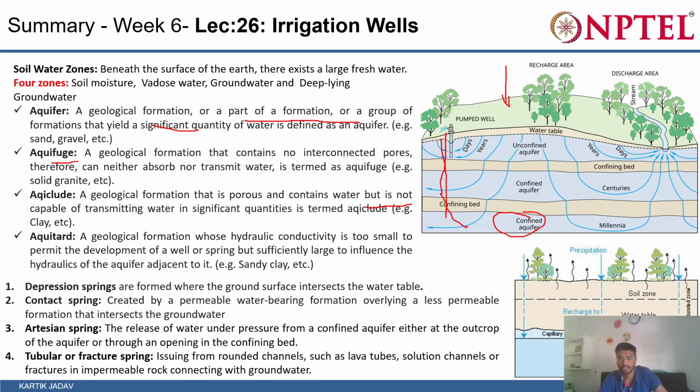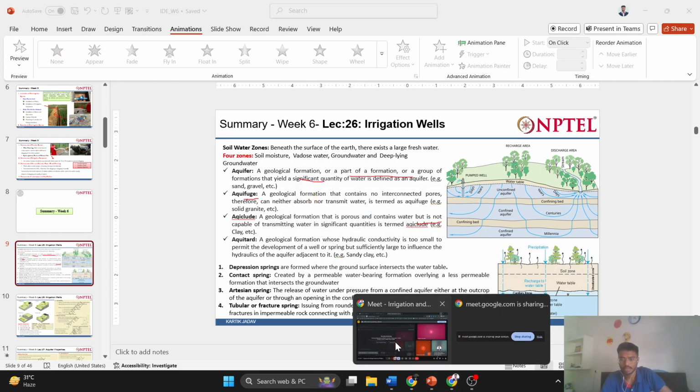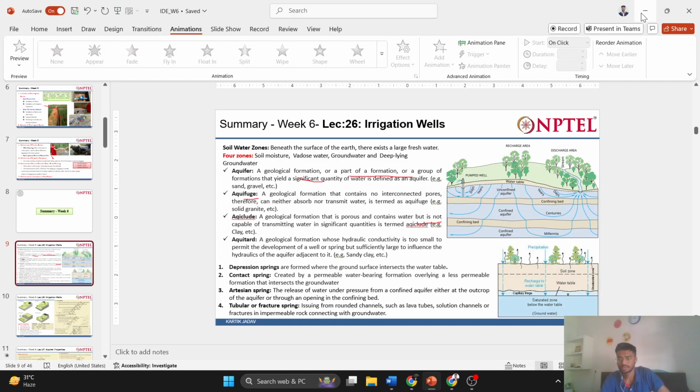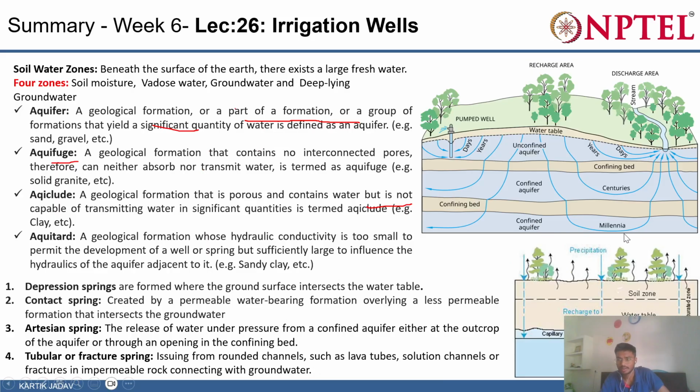The extraction rate is much higher, and the recharge rate going to this kind of aquifer is much lower. It takes centuries, even millennia, for rainwater to reach a deeper layer.